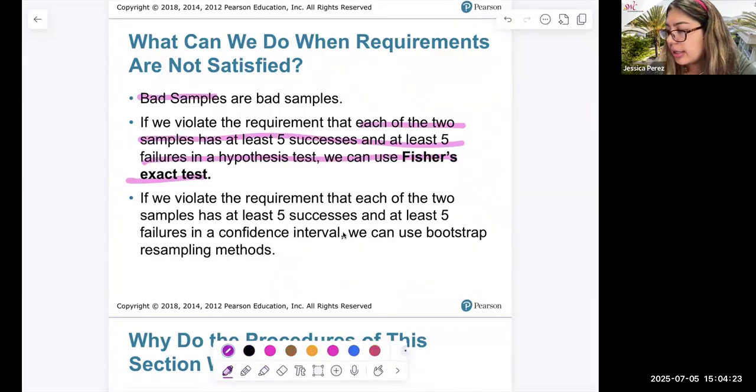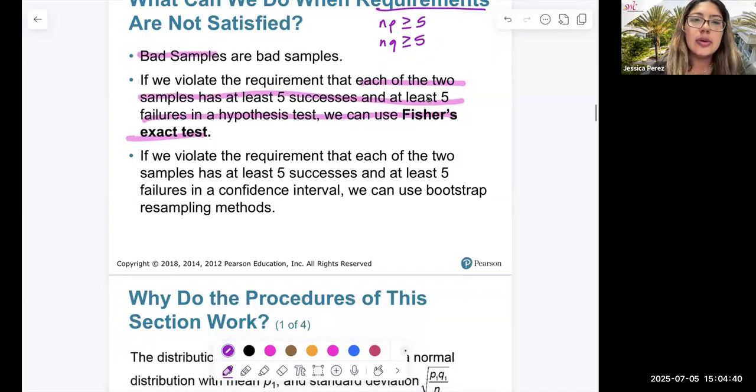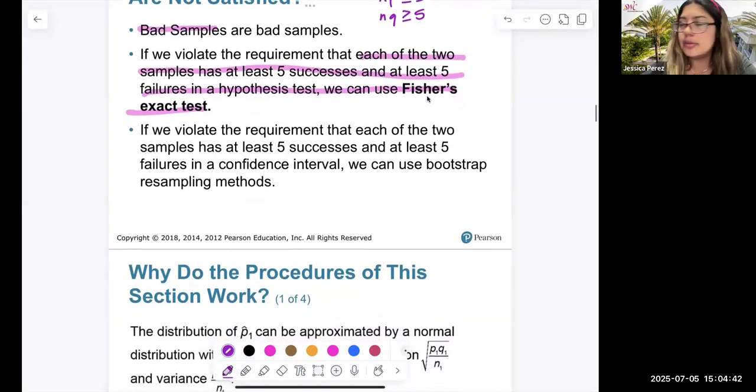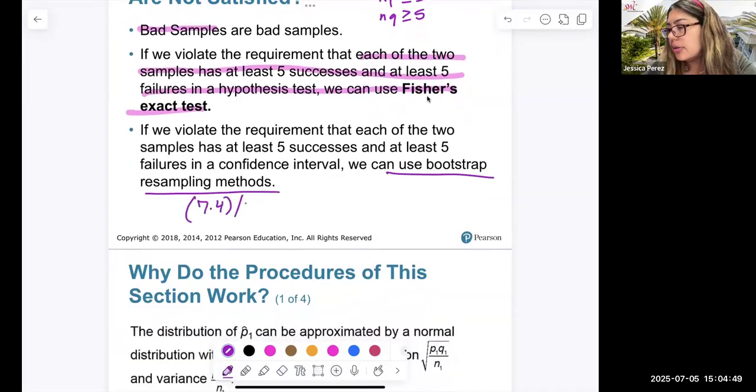So remember that at the beginning, the requirements were n times p has to be greater than or equal to 5, and n times q must be greater than or equal to 5. So you have to have at least 5 successes, at least 5 failures. If you violate these requirements, we also can use the bootstrap sampling method, which was in 7.4 that we didn't do. So we're not using these.